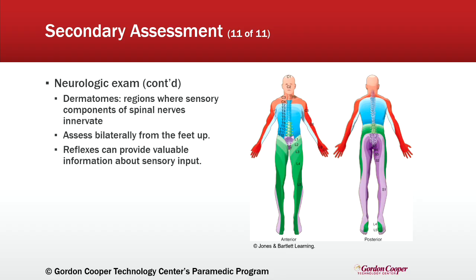Assess the patient's sensory integrity on both sides of the body, starting from the feet and working your way up. Your goal is to identify the lowest level of normal sensation and assess the patient's perception of light touch, temperature, and position. Reflexes can also give you valuable information about sensory input.